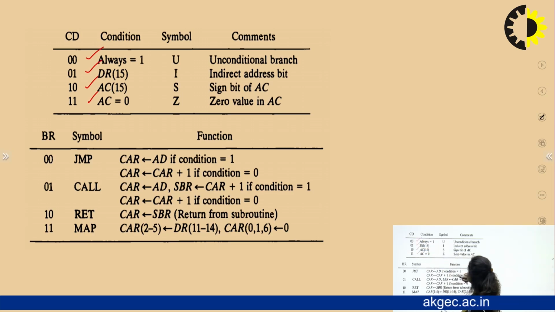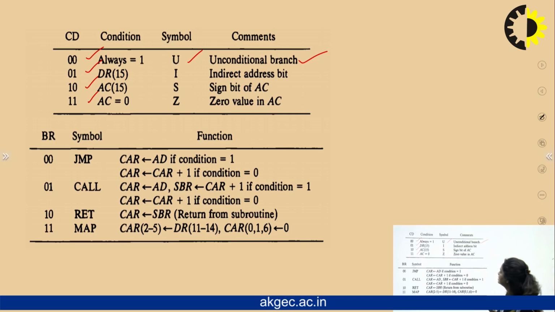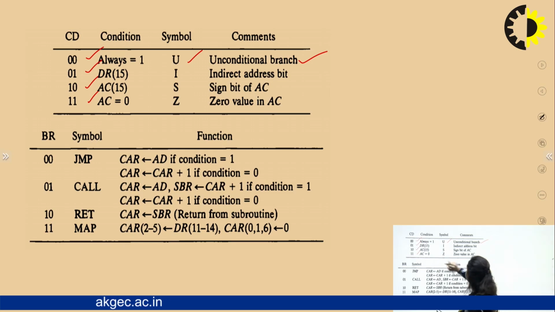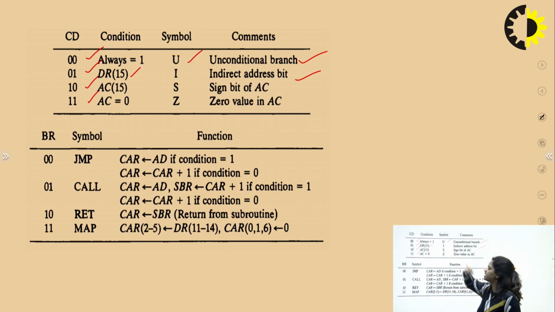At 00 we have unconditional branching. The symbol U will be inserted at that place, which means the branch will exist without any condition. Next is the indirect address bit, where bit number 15 will be checked, and the symbol I will be inserted, the indirect addressing bit for conditional branching.